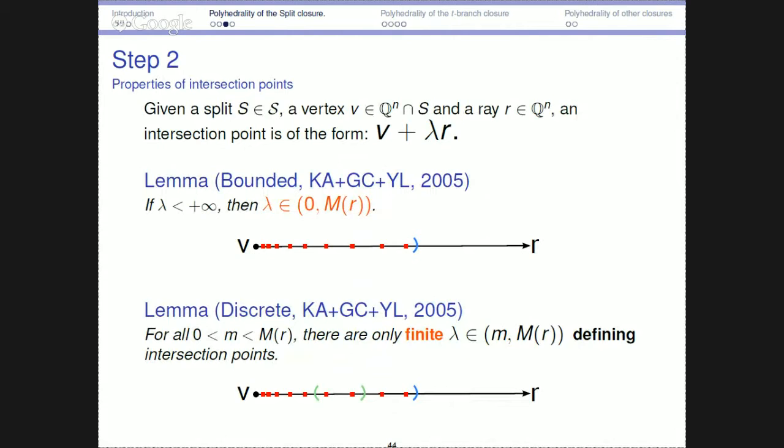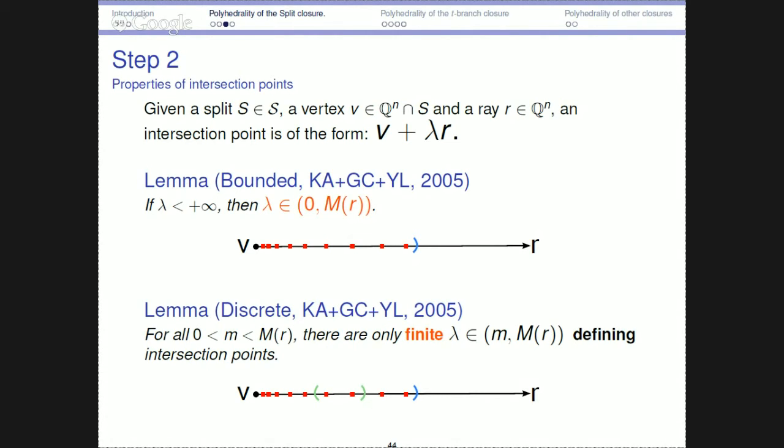This is like a bound, so that there's no intersection point after this bound. So it's bounded in some sense. And also it's discrete in some sense, in the sense that there may be infinitely many intersection points, but if you consider any bounded interval, there are only finitely many there. There could be infinitely many approaching the vertex, but that doesn't matter: if you consider a bounded set, you will be able to count them.